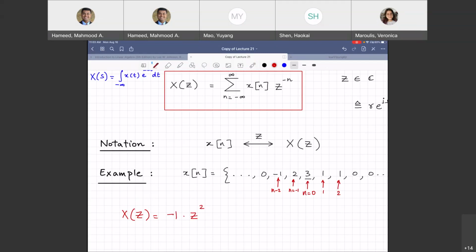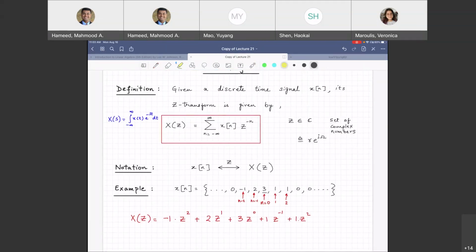Plus 2 z to the 1 plus 3 z to the 0 plus 1 z to the -1 plus 2 plus 1 again, 1 z squared. You see this? Oh yes, -2 there. Everything else is okay: 2, 1, 0, 1, 2, -1, -2, sorry, -1, 2, 3, 1, 1.